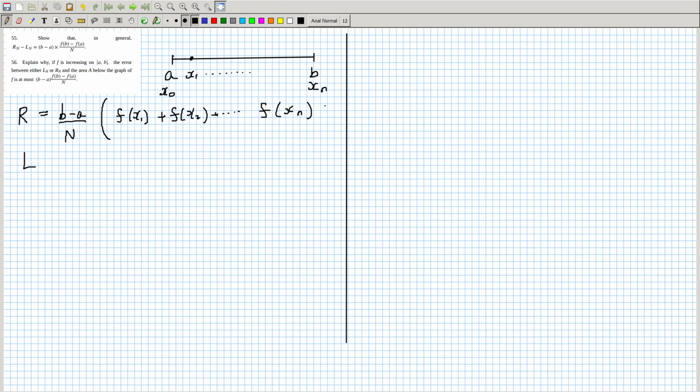And then the left sum is b minus a over n, but we start at x0, and then we go all the way up until xn minus 1.